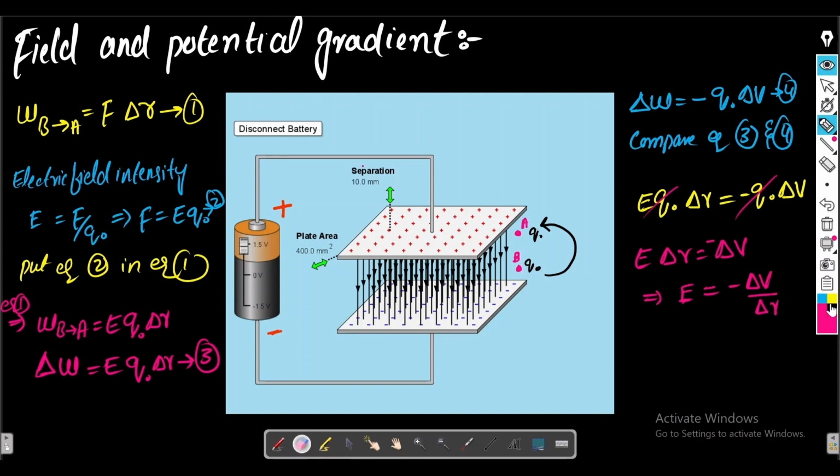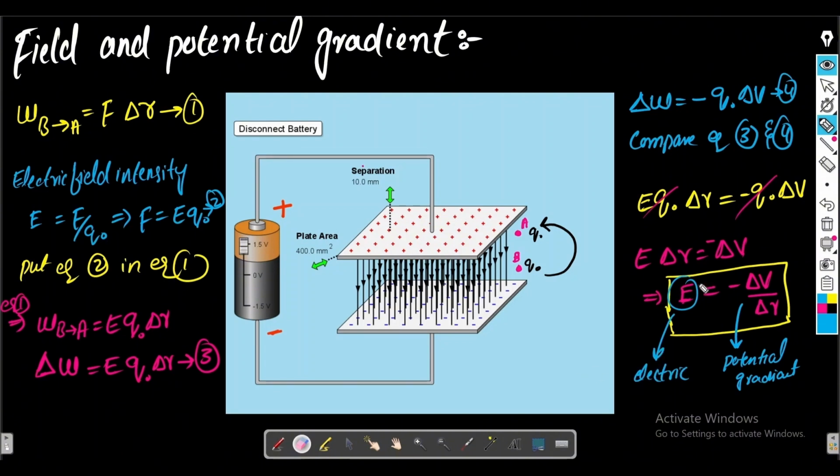This is the potential gradient. So here, this is the final equation. This term is the potential gradient, and this is the electric field.